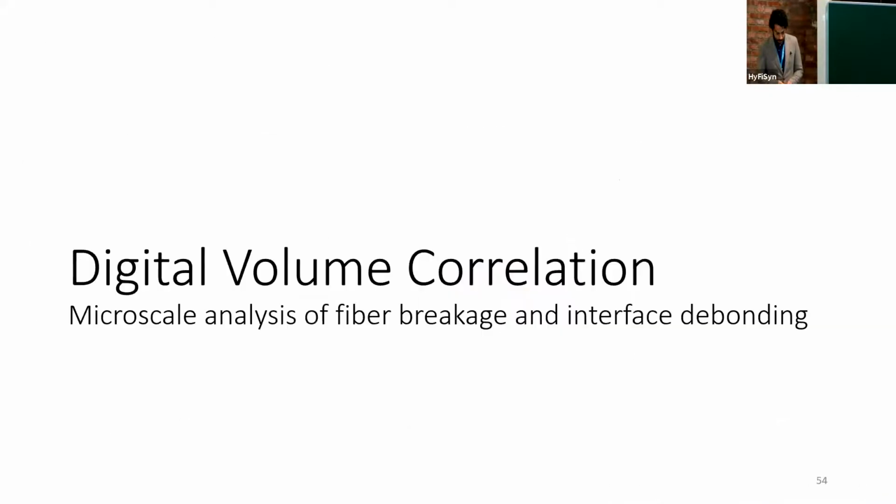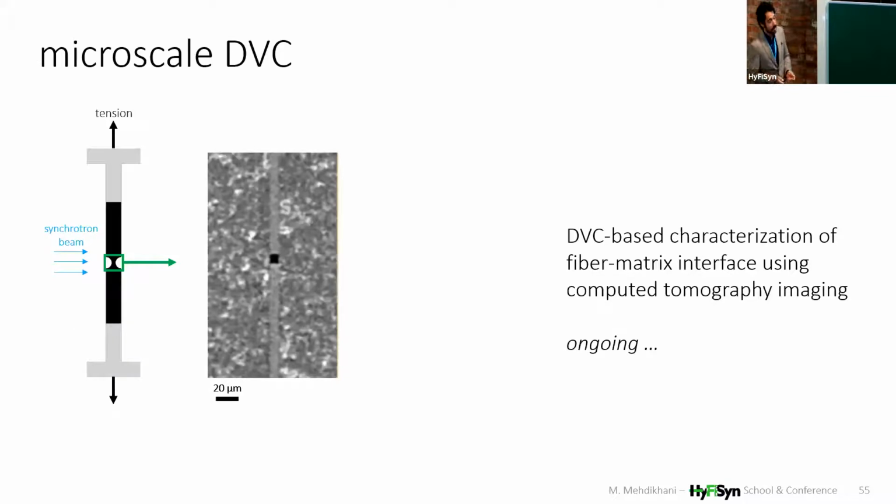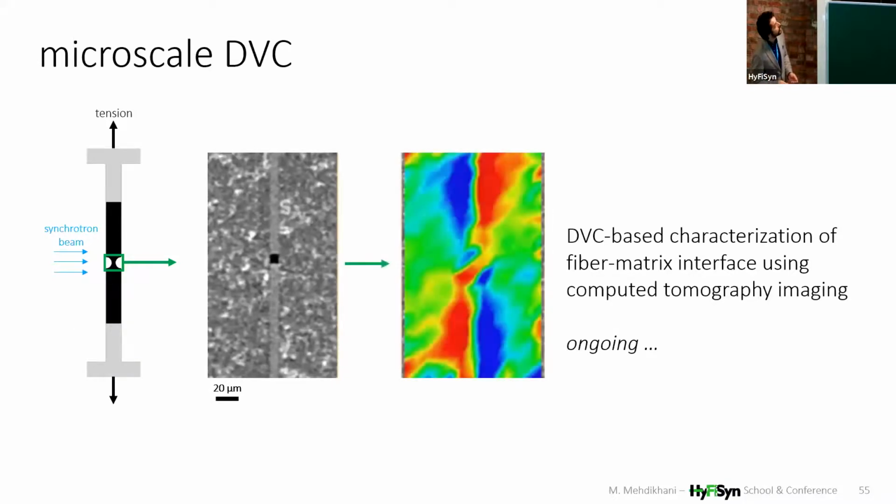And finally, I said too many times finally, but this is really finally, we are now applying this DVC methodology in the HyFiSyn project in order to have a better characterization of the interfacial properties, of the longitudinal debonding of the fiber and matrix where the fiber breaks.